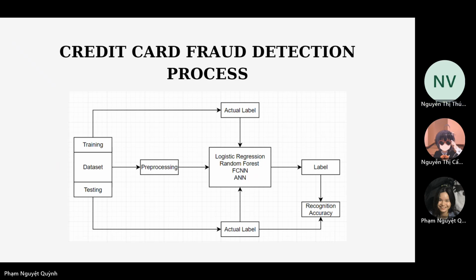Techniques like dimensionality reduction can be used to address class imbalance. Supervised machine learning methods such as decision tree, logistic regression, k-nearest neighbors, SVM, random forest, and XGBoost, as well as unsupervised methods like principal component analysis, k-means clustering, and neural network are commonly employed for credit card fraud detection.